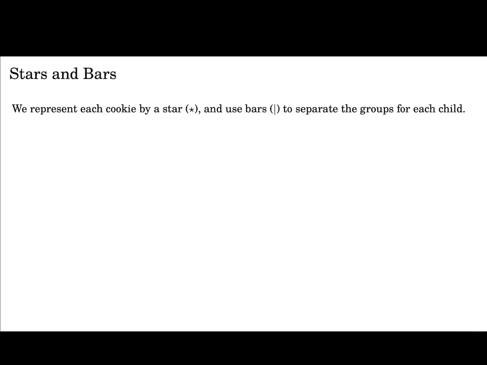The idea is that we represent each cookie by a star, and then we use bars to separate the groups for each child. For example, let's do 3 stars, then a bar, then 2 stars, then a bar, and then another bar, and then 5 stars.